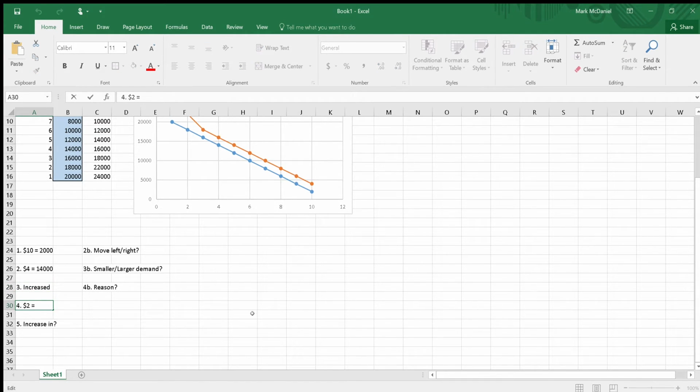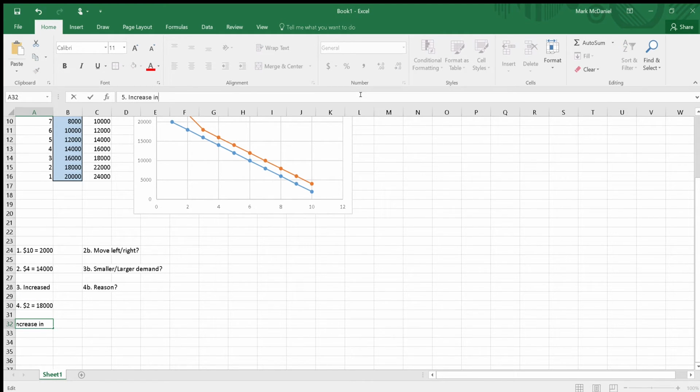It then asks what happens if you decrease the price further to $2. Well, we go to $2 and we see that it increases to 18,000, which is again consistent with what we've studied. They ask what this is an increase in.